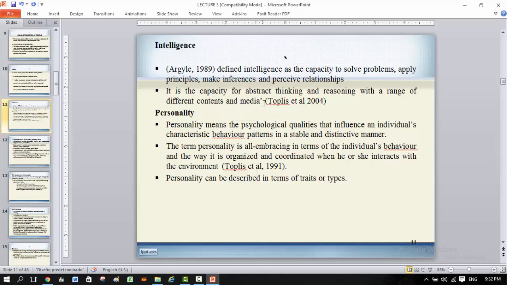These are two different definitions of intelligence: a person is intelligent if he has a capacity for abstract thinking and reasoning with a range of different content and media.